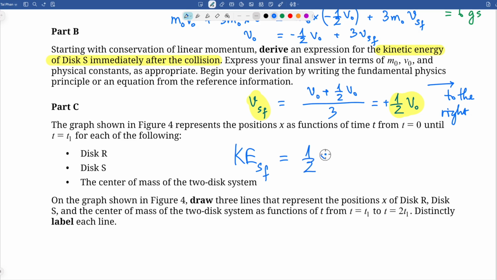The mass is 3m0 and the speed is 1/2 v0. We square it and we get the answer. 1/4 times 3, and 1/4 times 1/2 means 8 at the bottom. So 3/8 m0 v0 squared. So this is the answer, the kinetic energy of S after collision.